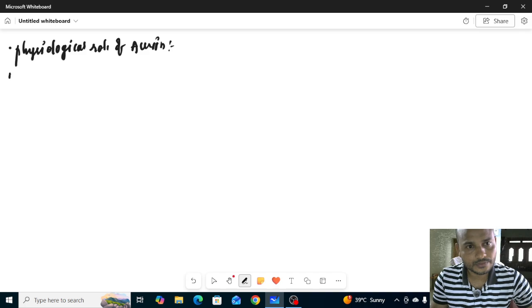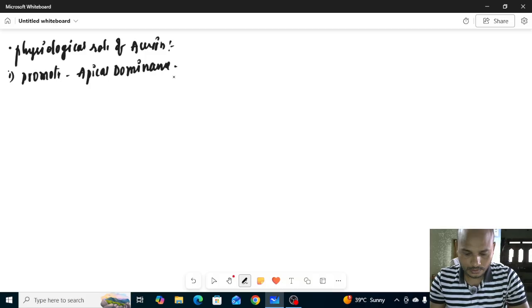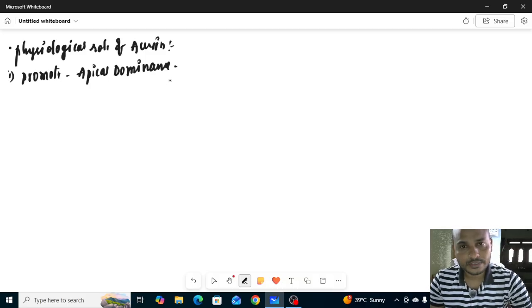In that, first one is auxin promotes apical dominance. Here, apical dominance means the auxin encourages the upward vertical growth of the plant, while suppressing the development of side branches.